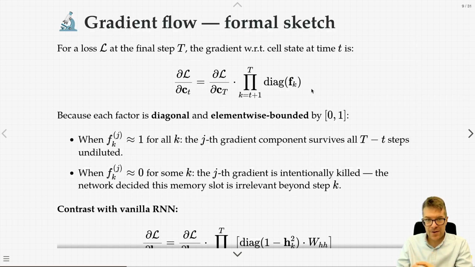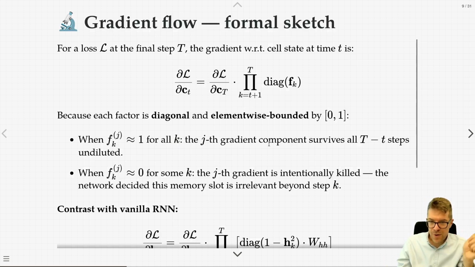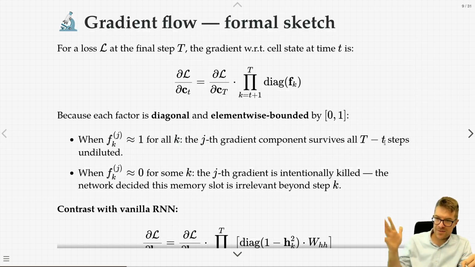Because every factor is diagonal and element-wise bounded between 0 and 1, when the forget gate is approximately 1 for all k over the period from now to the end of the time sequence, the jth gradient component will survive all of these steps from big T to time t undiluted, which is nice.